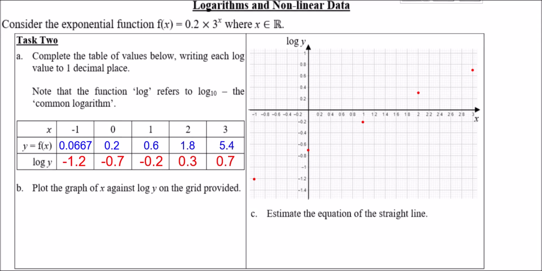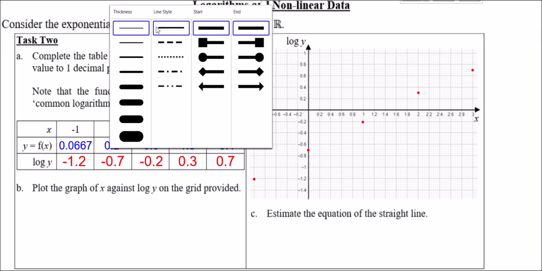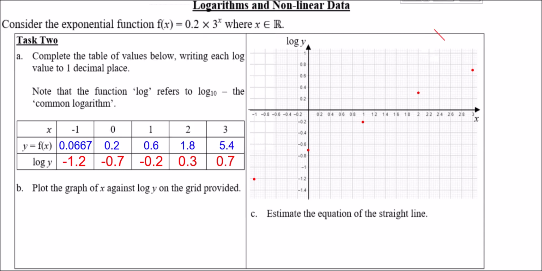Next up, what we need to do is to do a line of best fit and estimate the equation of that straight line. So what I'm going to do here is just get this ready. And so we need to find two nice points. So for me, I'm thinking that this line is going to be, just trying to get it accurate-ish first of all.